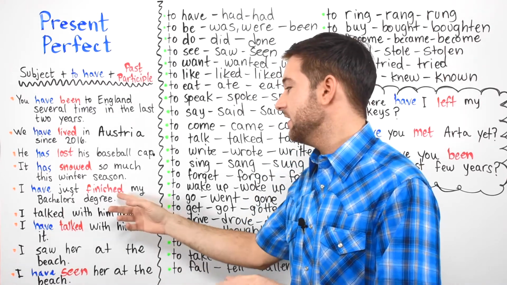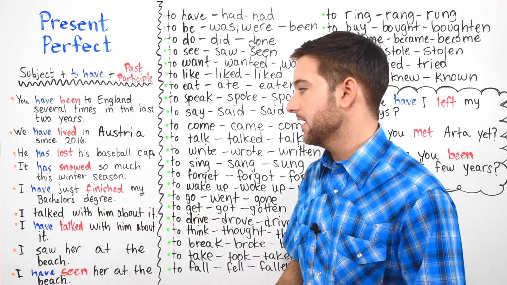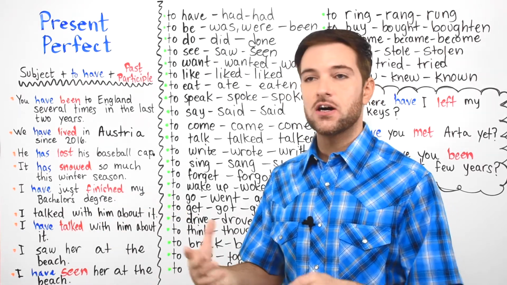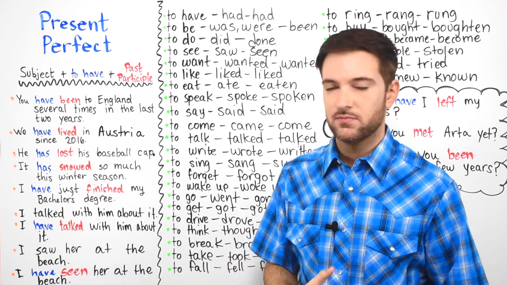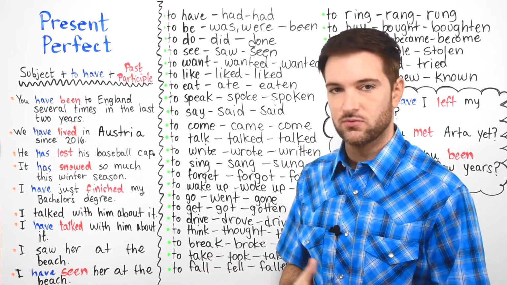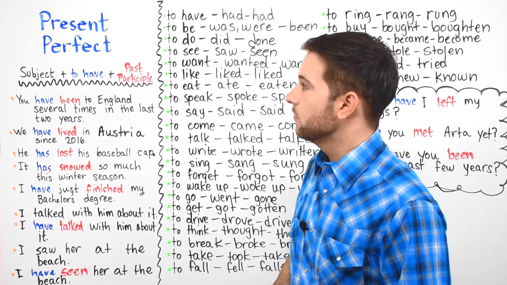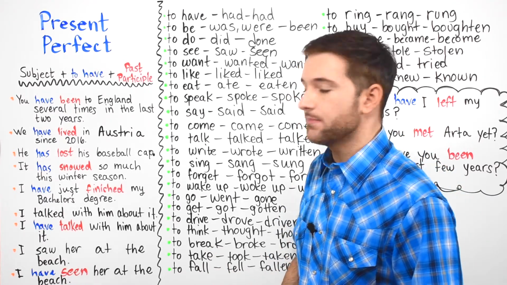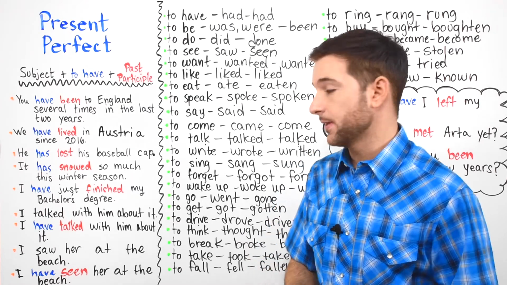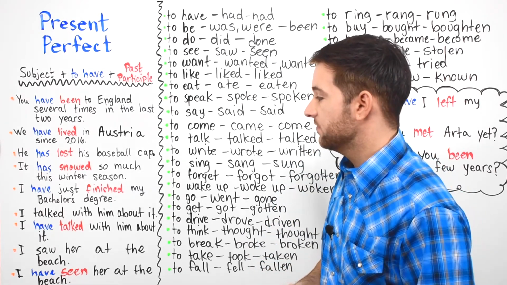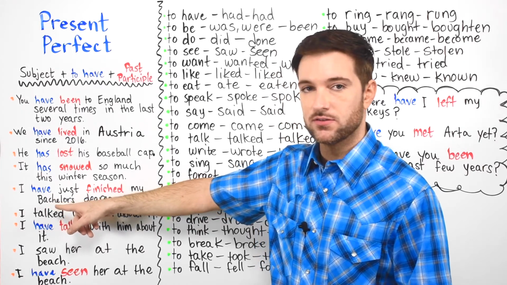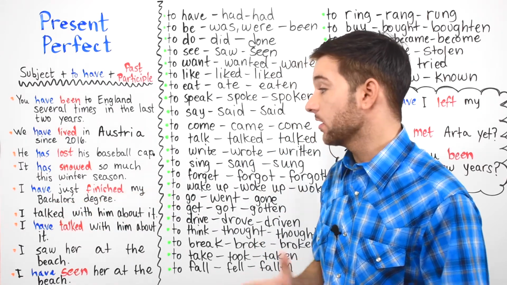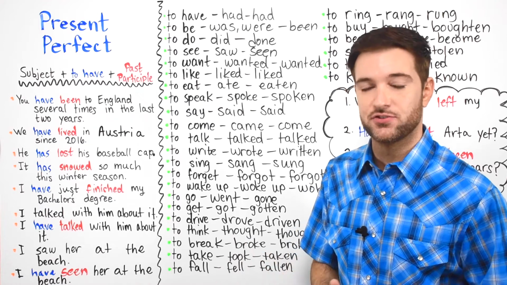I have just finished my bachelor's degree, okay? I have just gone on vacation to Cuba, okay? You have many options here, what you can say, but we do that because we're talking about something that has just happened, okay? I have just finished my bachelor's degree. A bachelor's degree you obtain after 4 years of university, okay? Or in America, oftentimes we say college, okay?